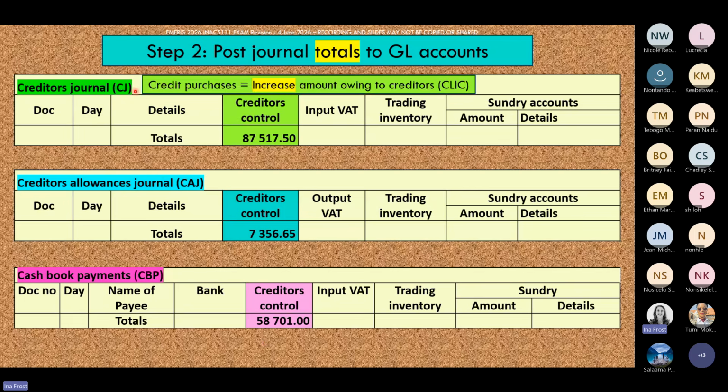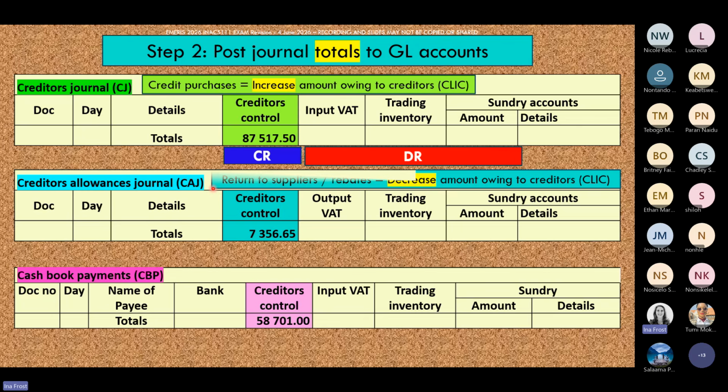From our creditors journal, that is all our credit purchases that we've made in the month, and this is going to increase our creditors control account. So we're still using our DEAD CLIC. In other words, we've got to credit the creditors control account to show that increase.